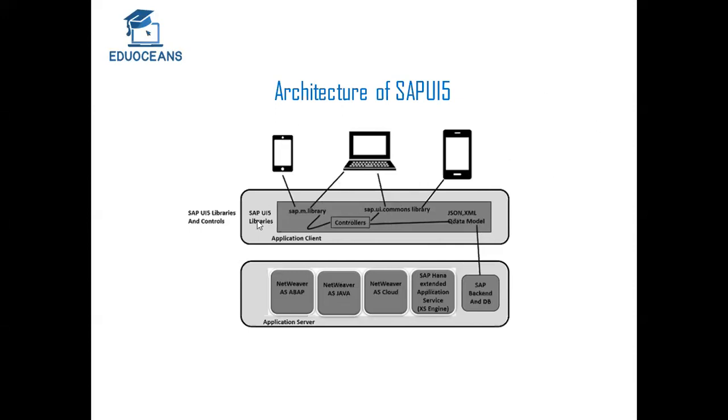Yes. So this application client is the place where we actually develop our code. In that case, all the libraries will be consumed, and once I run the application, it will run on the browser itself. The browser may be on a laptop, mobile, tablet, or anything.